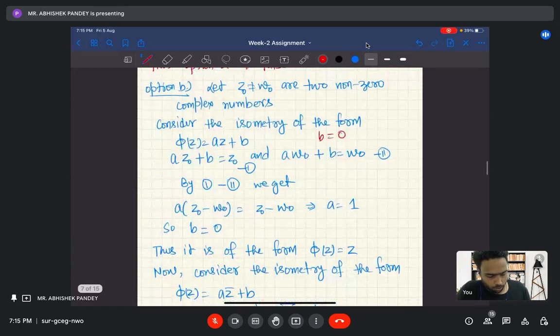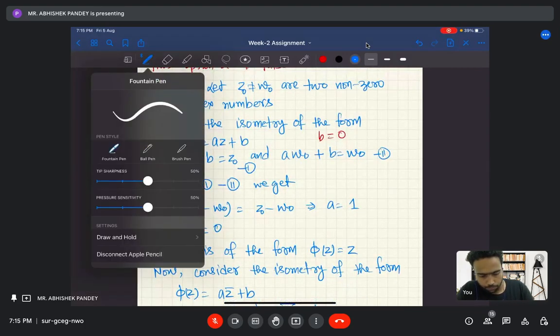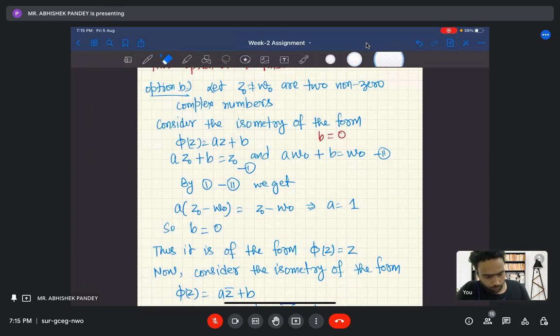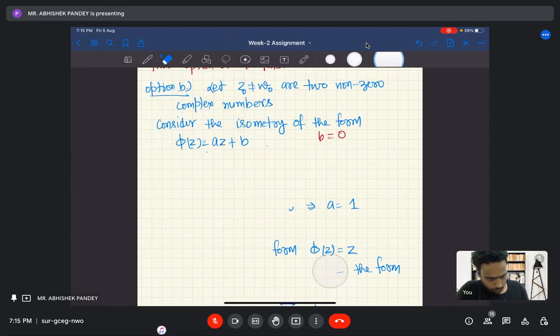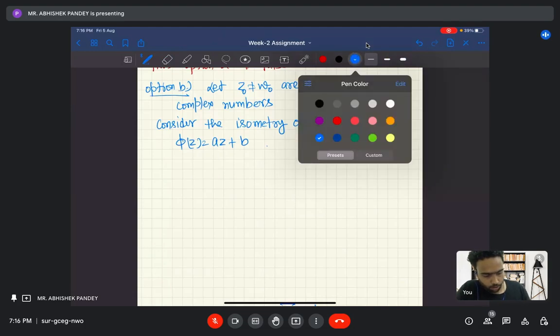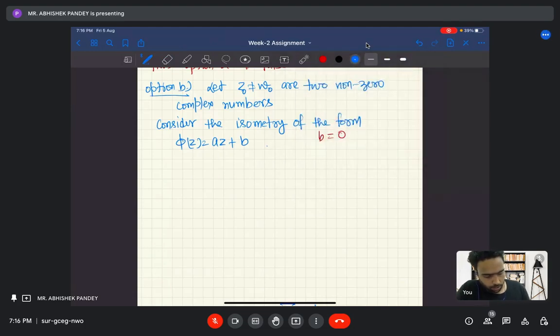So b should be 0 because it is fixing the origin; phi belongs to I. So phi(z) is nothing but az.